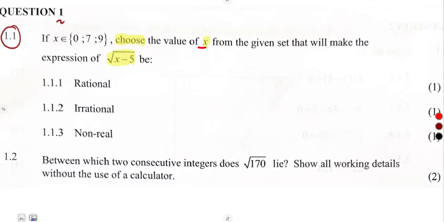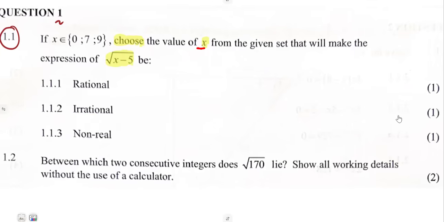All right. So to answer this question, guys, as you are told that you need to choose the value of x, simply substitute the values of x that you are given here into this expression. So we are given, let's take x is equal to 0.